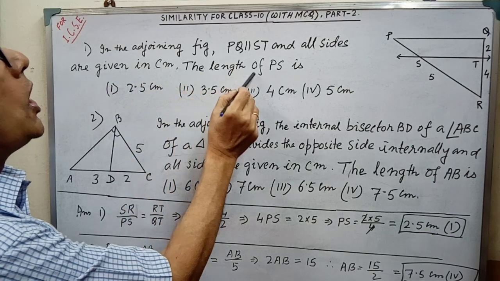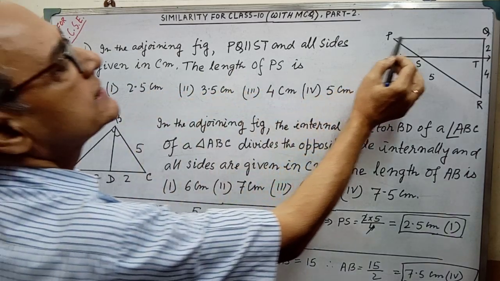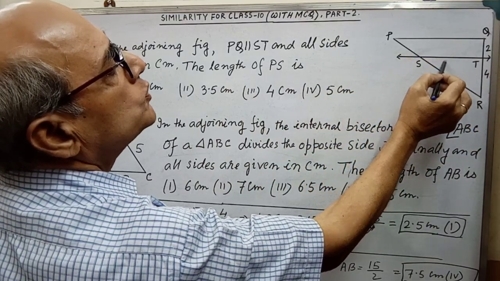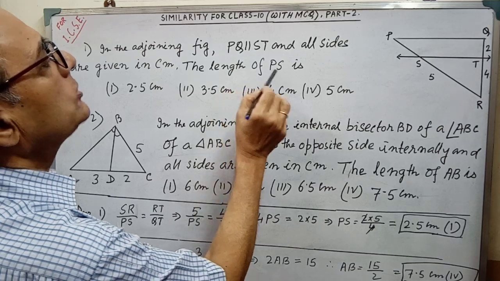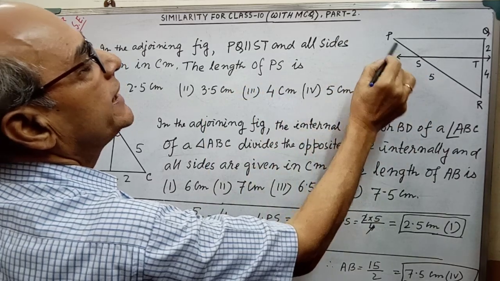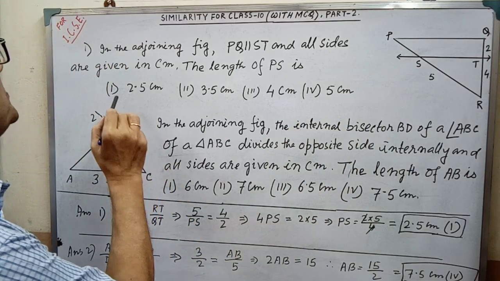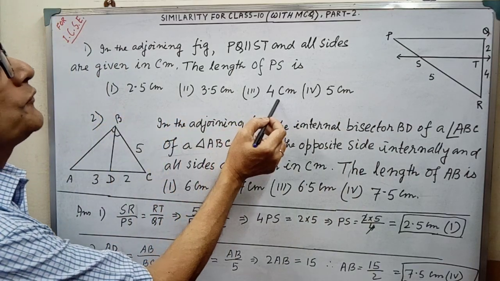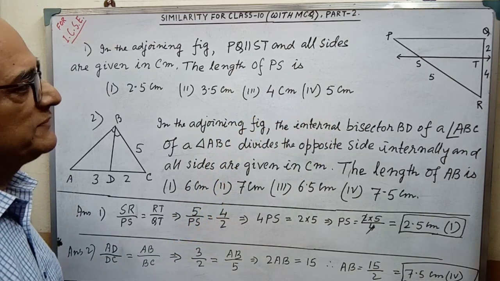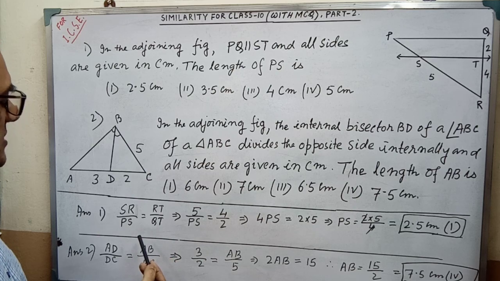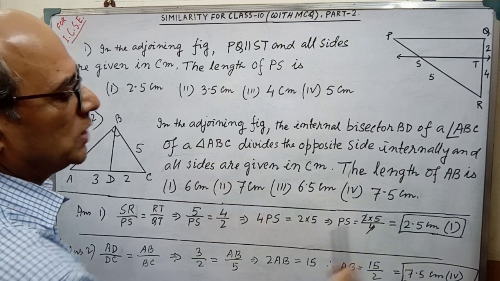The length of PS, this is the triangle and PQ parallel to ST, and the length of PS we have to find out. The options are 2.5 centimeter, 3.5 centimeter, 4 centimeter and 5 centimeter. And the answer will be part 1.